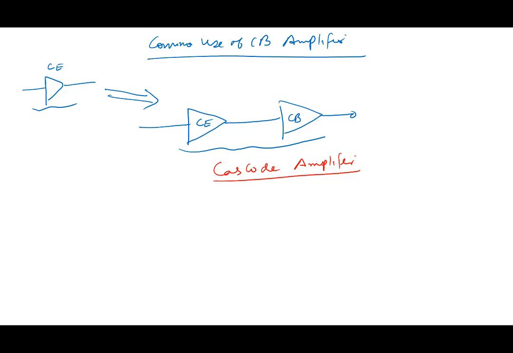Here it appears to be a separate CE stage and a separate common base stage. But what we are going to do is take common emitter and common base and fuse them together into one single stage, which we call a cascode amplifier. But what is the idea here?